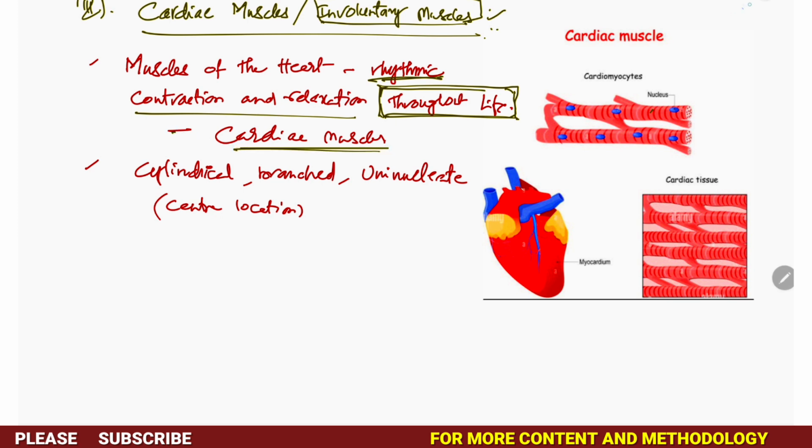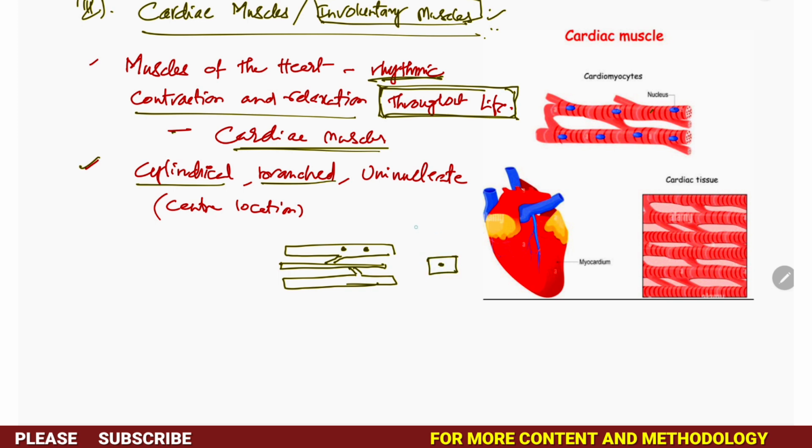Okay, and cardiac muscle cells have a cylindrical shape and also branched structures. One cell is attached to another cell, so that is why they are called branched cells, and they are also uninucleate. It means only one nucleus in the cell, centrally located, meaning at the center point of the cell.